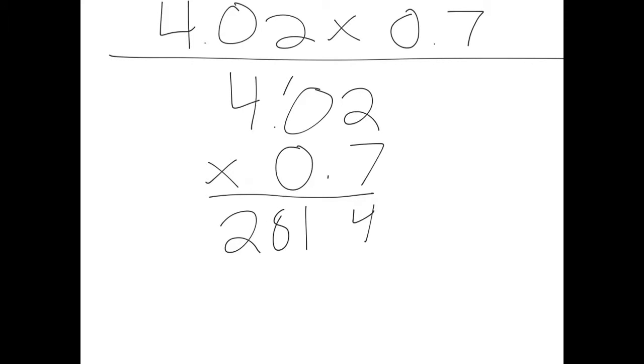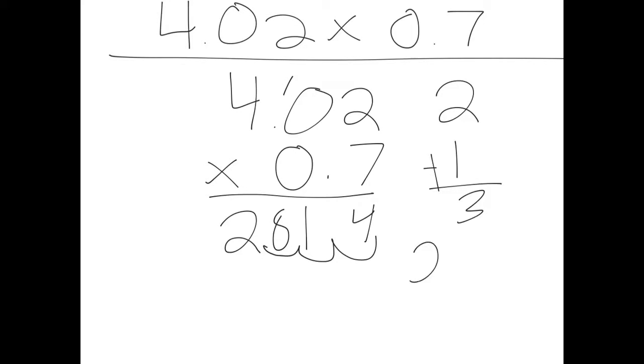So then you would count up how many decimal places you have. So that would be 2 and 1. So you have 3 decimal places. And 1, 2, 3. And your answer would be 2.814. Thank you for listening.